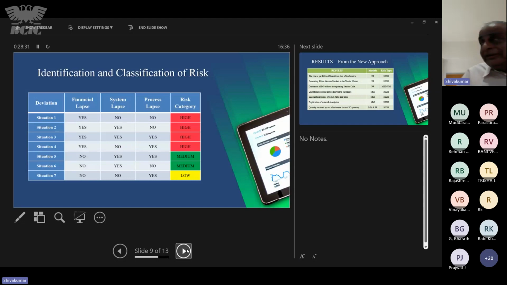Generally, the risk will be in terms of financial lapse, system lapse, or process lapse. Wherever a financial lapse is there, even if there is no system lapse or process lapse, like the freight example I told you, then it is a high risk category. So we can give a color code of red.